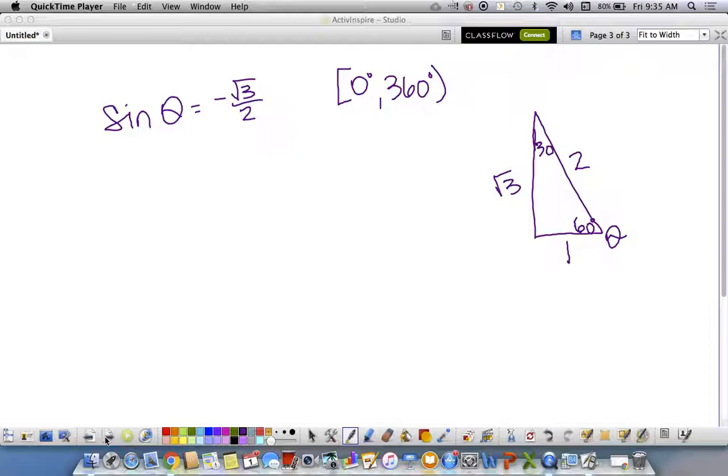But what is 60 degrees? The reference angle. Okay? Why is 60 degrees not my answer? Because it's negative. In the first quadrant, sine 60 is going to be positive. So I need to draw my chart. Where is sine negative?